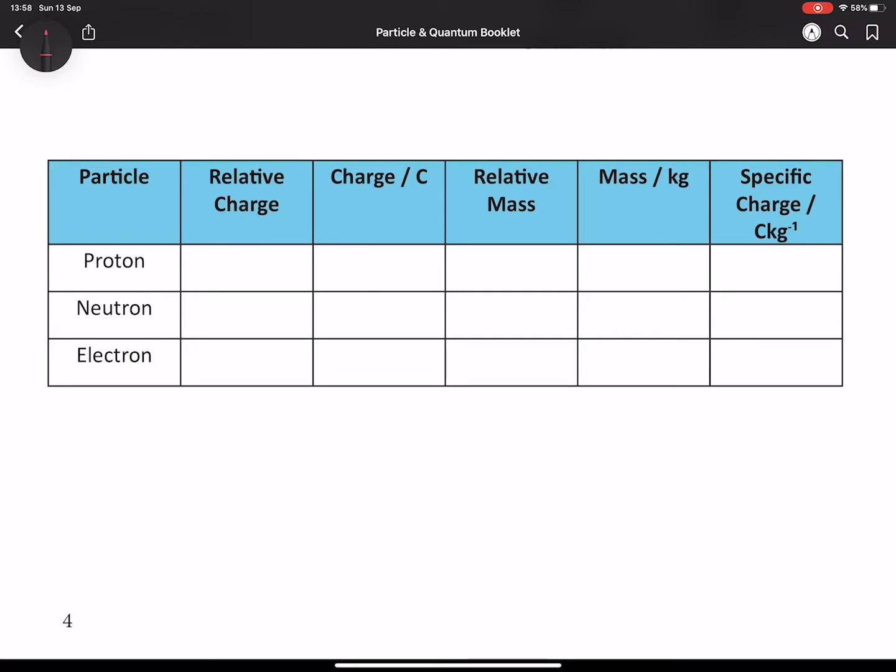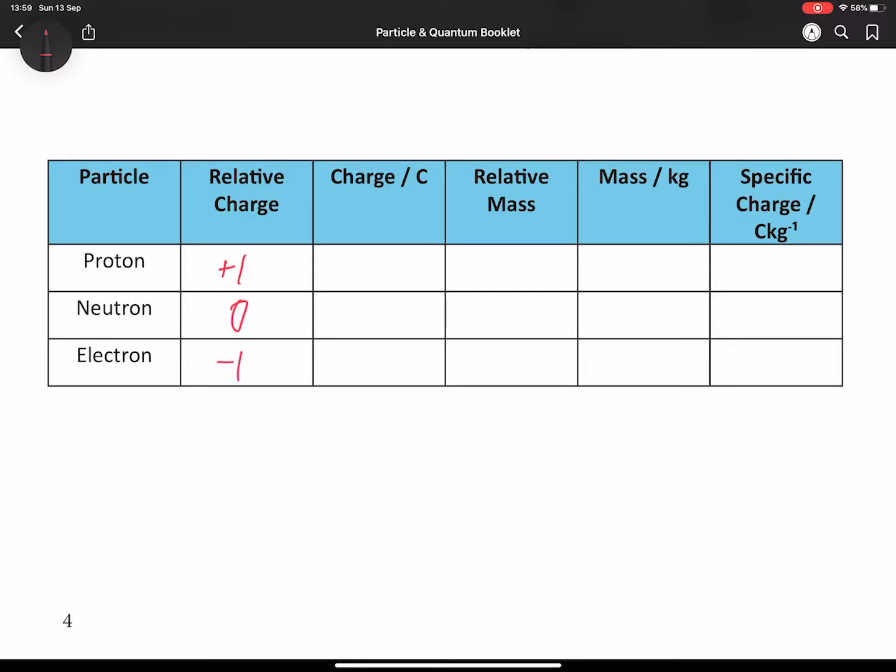Now at this level, we have to actually start considering real values, no longer just dealing with relative charge and relative mass. They serve their purpose at GCSE, just for comparison and understanding the general structure. But at this point, we need to actually carry out calculations and therefore need actual values.